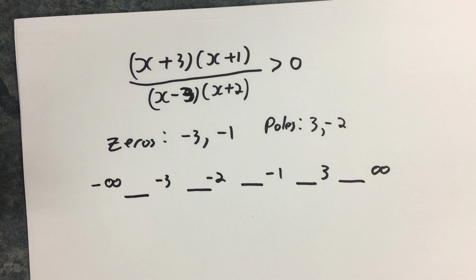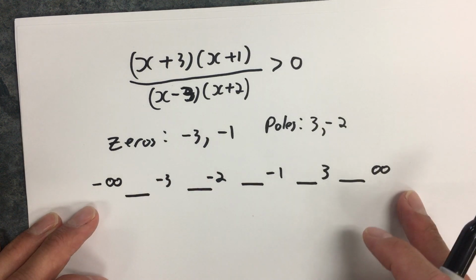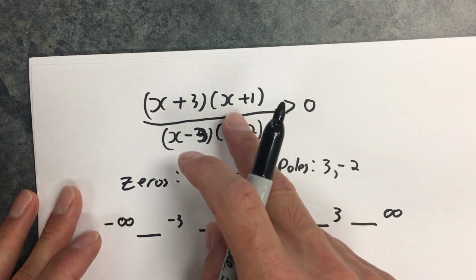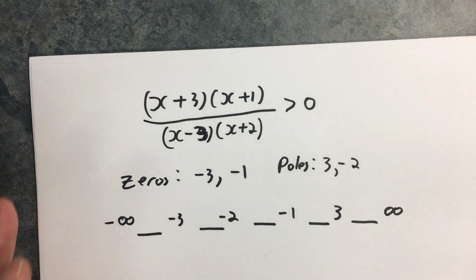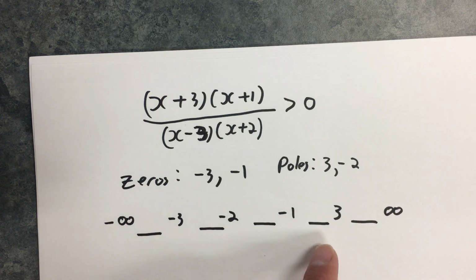And all I want to do is determine with each of these intervals if this whole rational function is either positive or negative.